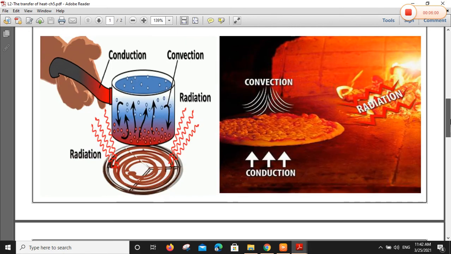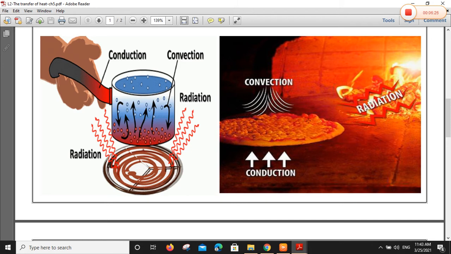Okay, we have pizza inside a big oven. Look, the pizza touches the metal surface. This is conduction, and the warm air above the pizza makes a convection current.